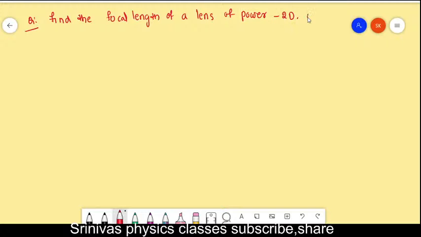Minus 2 diopters. What type of lens is this? Write in the chat box, students.